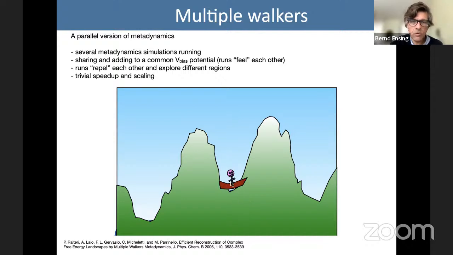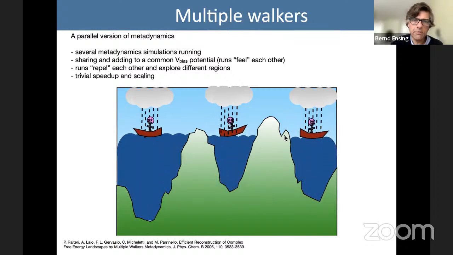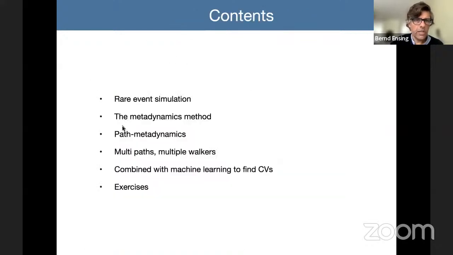So instead of having one walker that is being biased, you have now several, and you can also start them in different minima, and they all have their own biasing potential that biases them, and they talk to each other about my biasing potential here looks like this, and mine looks like that, and so they exchange information, which is a trivial scaling because it's so little information. And then, of course, the sampling is much faster. So that's a very nice idea. Multiple walker metadynamics.